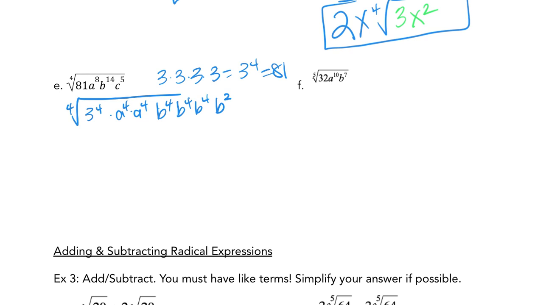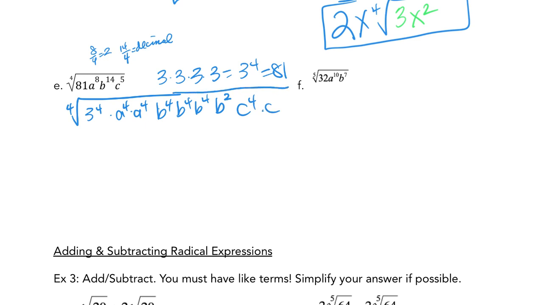So 14 divided by 4 doesn't happen, but 8 divided by 4 does. So when you have a power, you have to divide evenly. 8 divided by 4 is 2, but 14 divided by 4 is a decimal. c to the 5, I can write as c to the 4 times c.